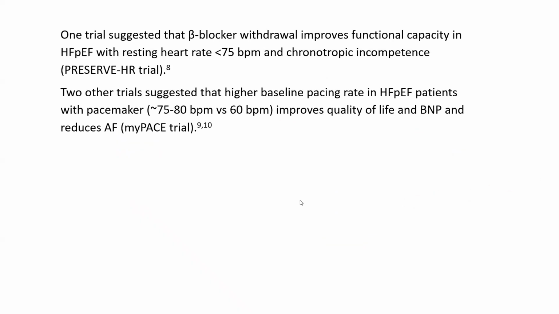And here is more data regarding the value of a higher heart rate at rest and with stress in heart failure with preserved EF. One trial suggested that beta blocker withdrawal improves functional capacity in HFpEF with resting heart rate less than 75 beats per minute and chronotropic incompetence, the PRESERVE-HR trial.